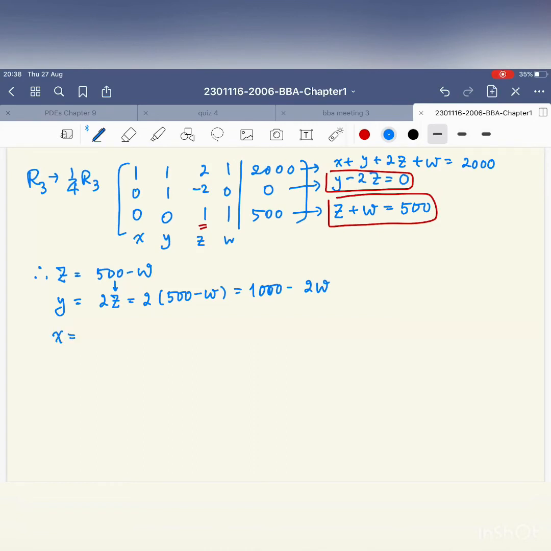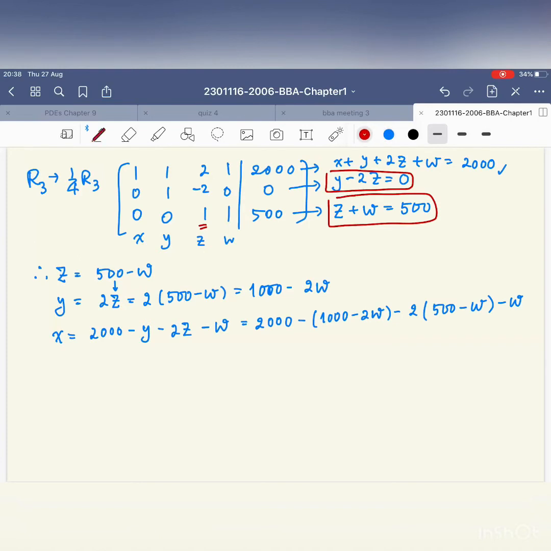Okay, then what's your x? Look at your first equation. Your x is just 2000 minus y minus 2z and then minus w. Okay, so we just plug in everything into there. Your y is 1000 minus 2w. Your 2z is 2 times 500 minus w, and subtract one more w.